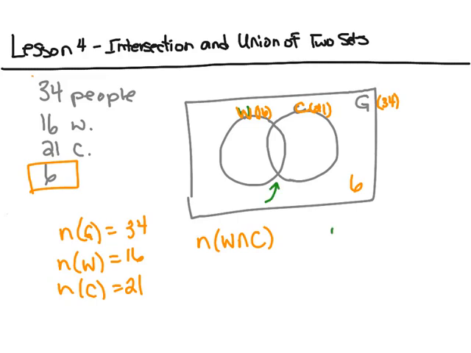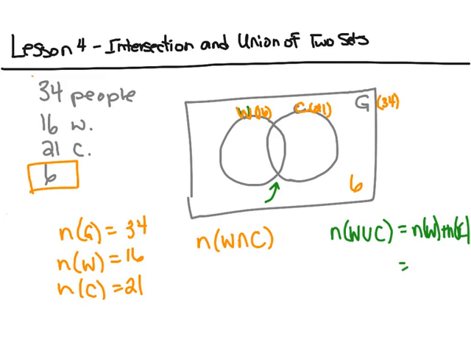So in order to find that, we first need to find our union. We want to figure out how many people in total there is. So we want to find W or C. So W or C would be N of W plus N of C. That's going to find our total union area, but we're going to be doubling up on our intersection.